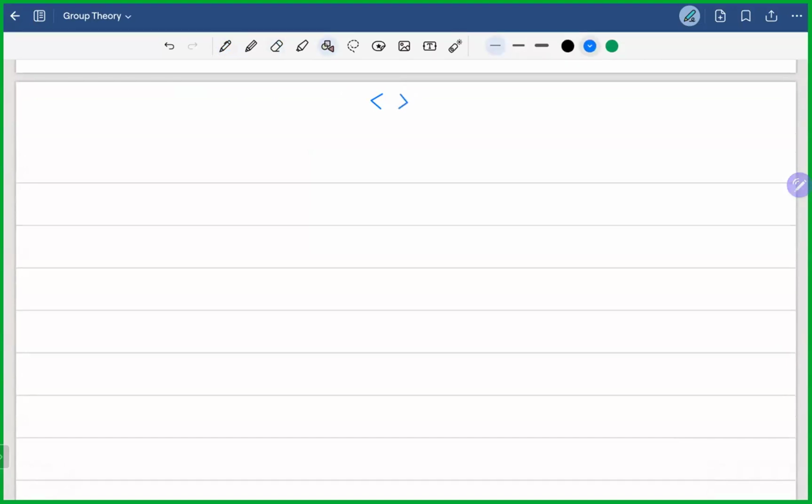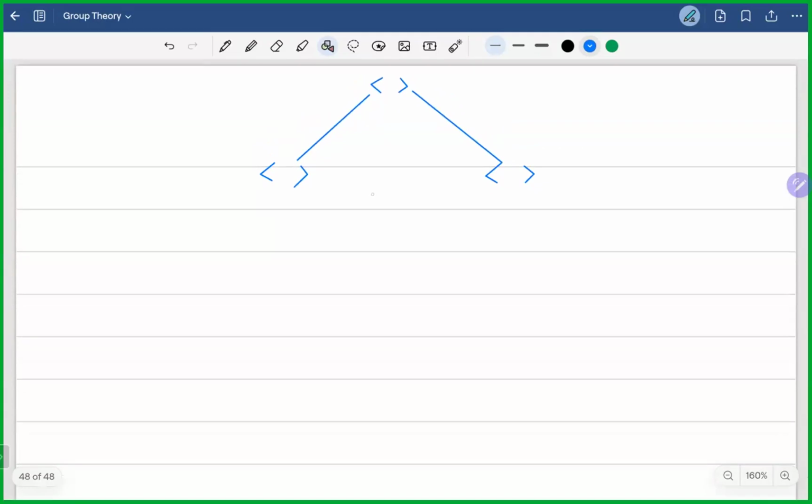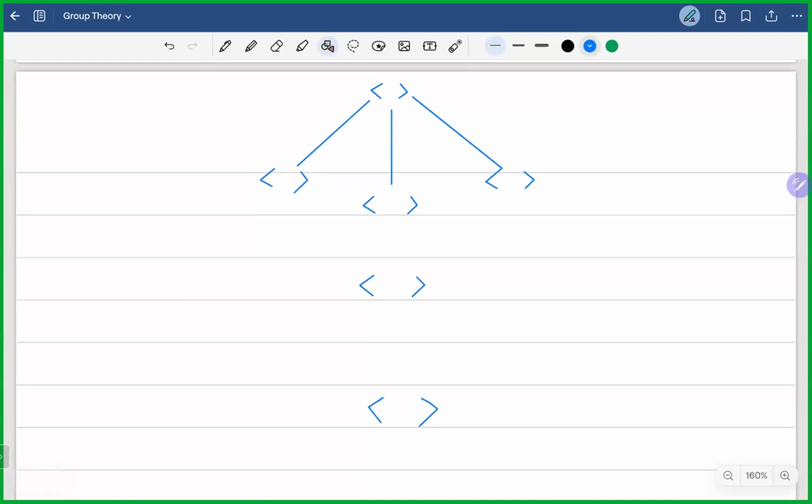I'm going to keep these empty at this time. Then you can also write something and give a bracket, a line to this, and then you can say something here and also here, and two more.